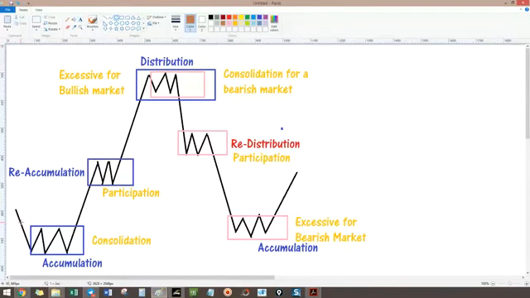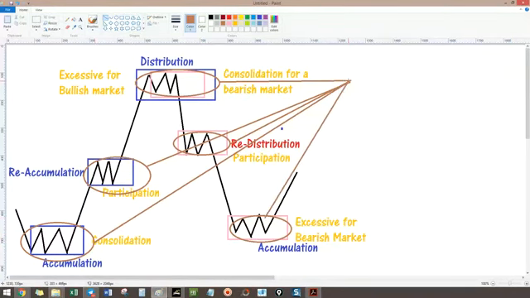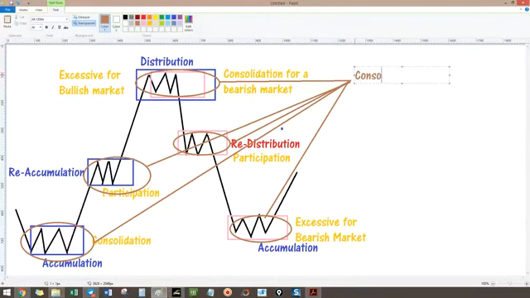So all of this, 1, 2, 3, 4, 5, is called consolidation, where price is doing sideways or making a base. Over here, spread is small.